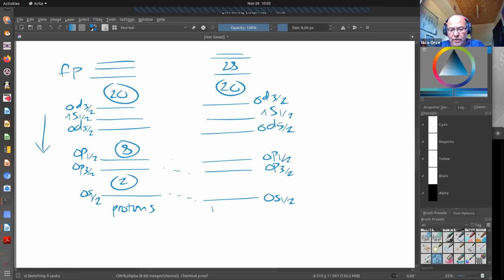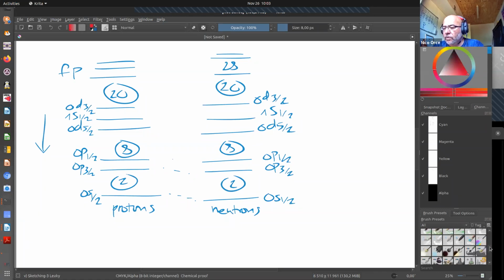And this will be for neutrons. It's 8 and 2.